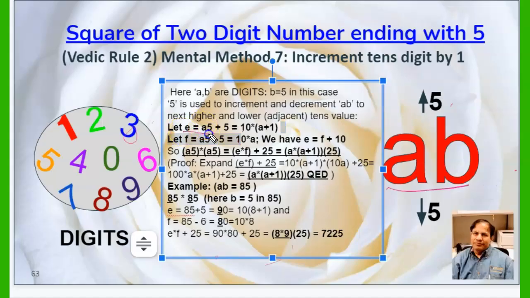If we subtract, we get just 10A. You end up with A5 times A5 is A into (A plus 1), and then 25 is just written on the side. So we increment the left digit by 1. This example we showed in the previous slide.